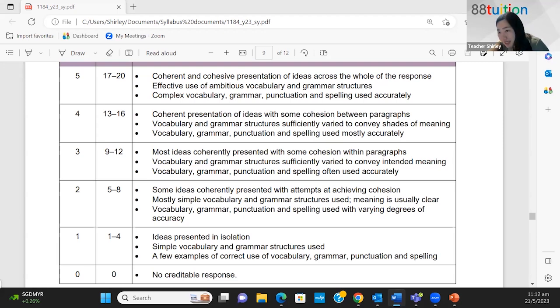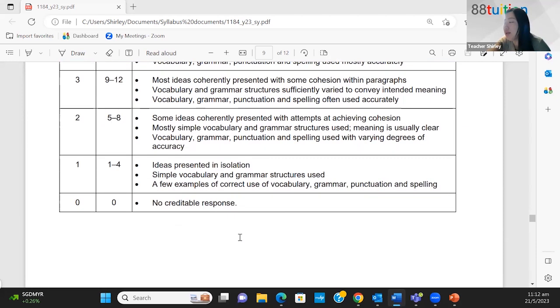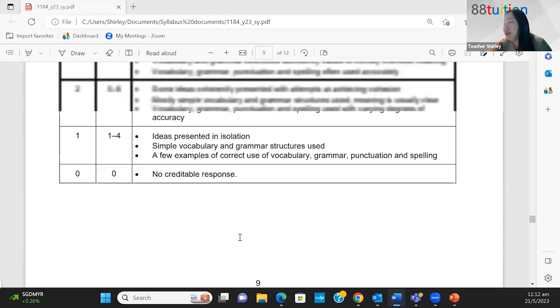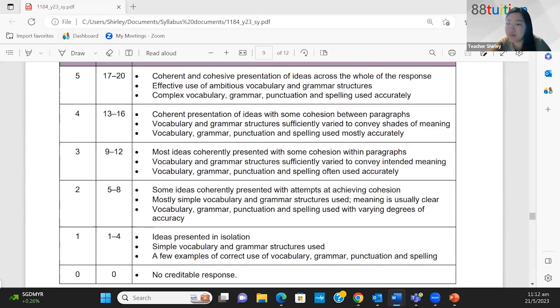So far, okay, everybody? Seems like all of you are hiding behind the screen. Okay, but later on, I'll be asking some questions, just to make sure that you've been listening. Okay? Yeah? So are we clear with the marking scheme? Do you know what you're being marked on?